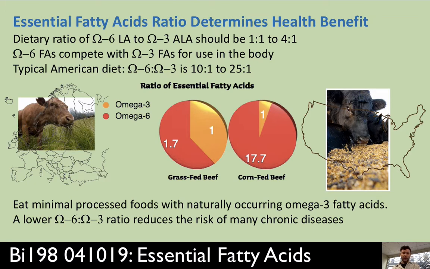And while it's true that the ratio is still not ideal in European beef, meaning this should not be your exclusive source of the omega-3 and omega-6 essential fatty acids, that ratio should be flipped. It's significantly better than corn-fed beef, and in fact, the rise of corn-fed beef and industrial agriculture here in North America that's based upon corn is really at the root of the ratio in the typical American diet.